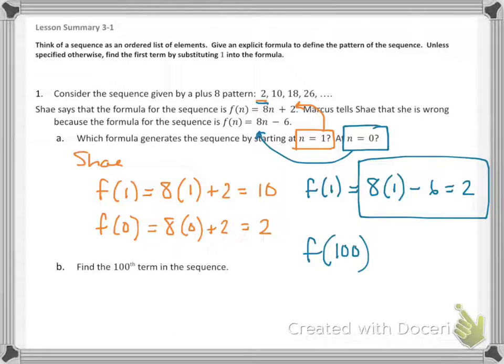If the first term, 1, creates the first number in my sequence, then the 100th term will create the 100th term in the sequence, and I can just plug in 100 for n. So 8 times 100, and then subtract 6. 800 minus 6 is 794. So there's the 100th term.